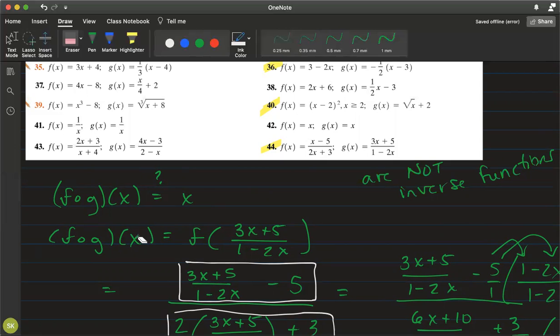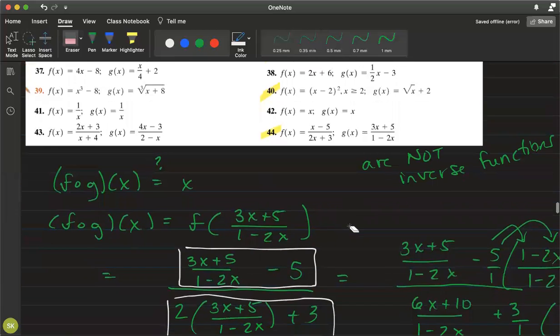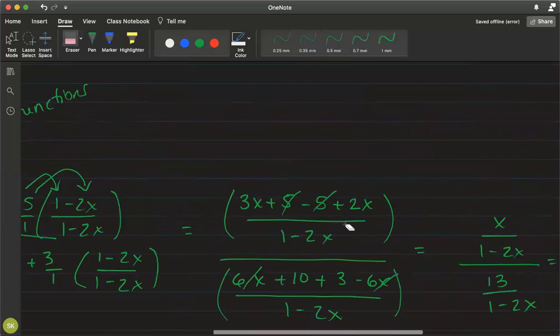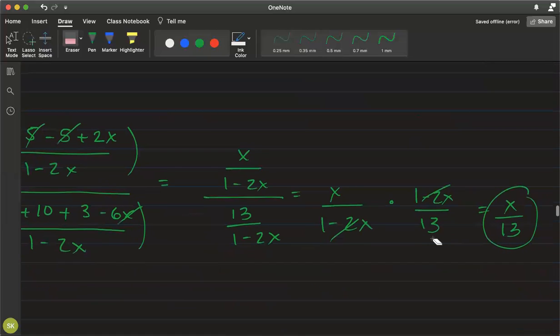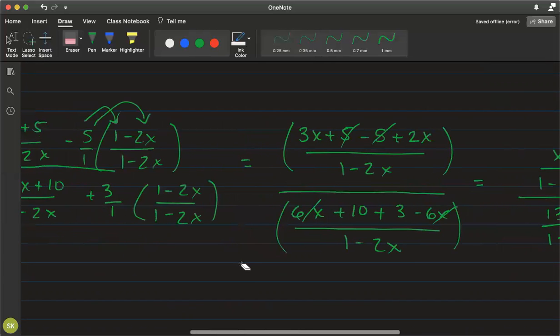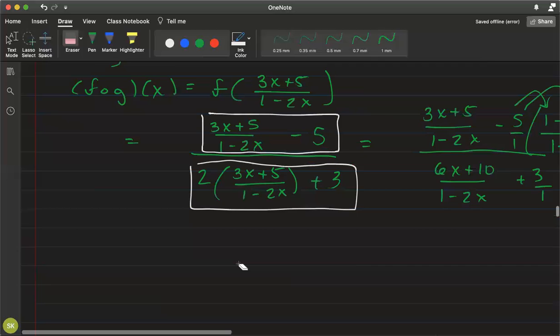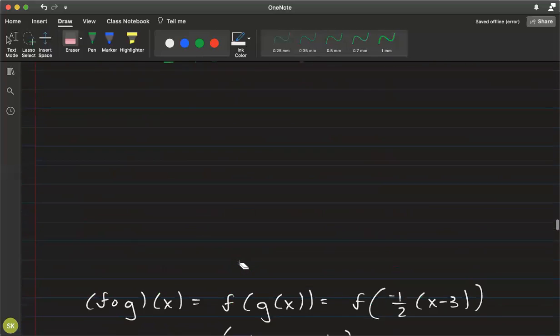And since one of these is not x, I don't even have to check the other composition because they both have to be equal to x for them to be inverses. So my math, I ended up with x over 13. So unless I did something wrong, and please let me know in the comments if I did, these are not inverse functions. Okay, let's move on.